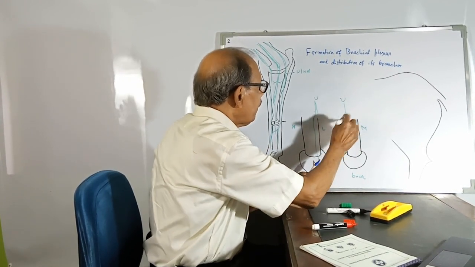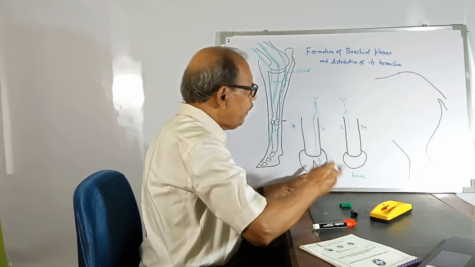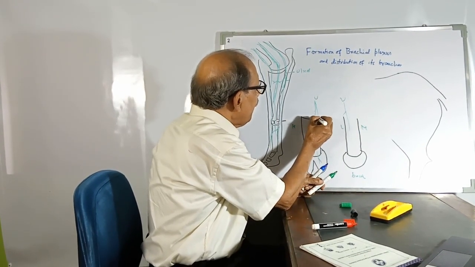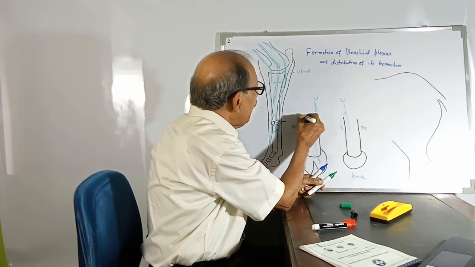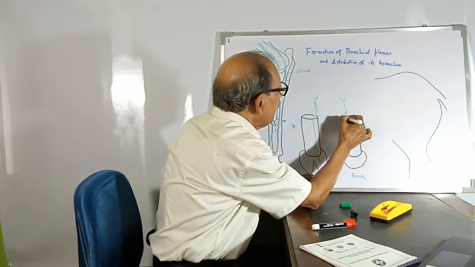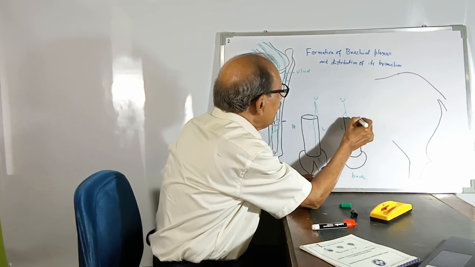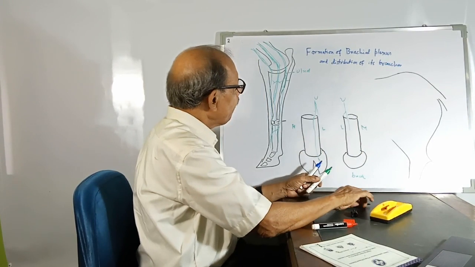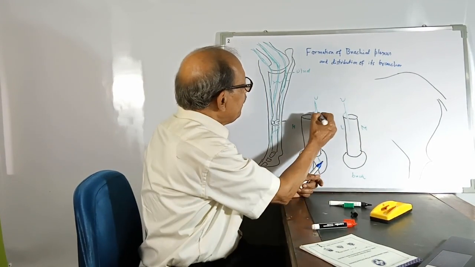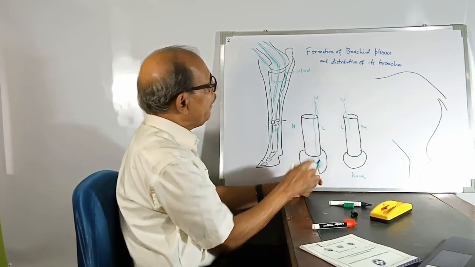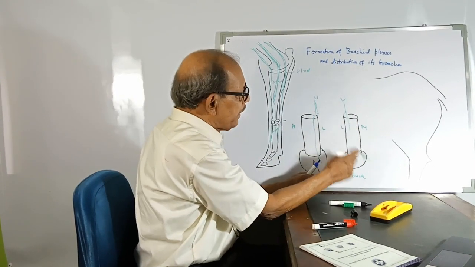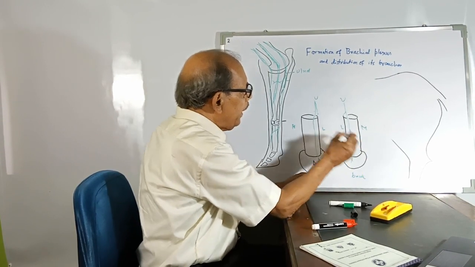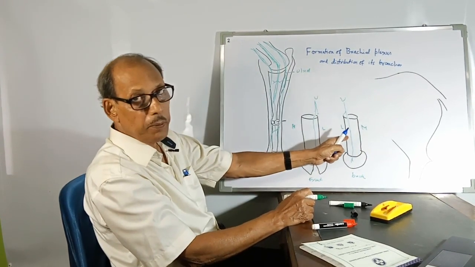One has gone to the front, you cannot see over there. This is the posterior branch. This posterior branch is here. This is the back side. So this will come downward and will continue here as the posterior lateral abaxial digital nerve.